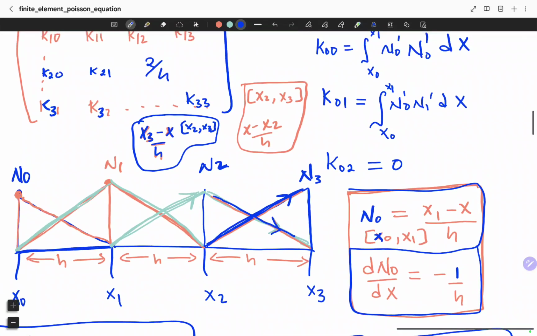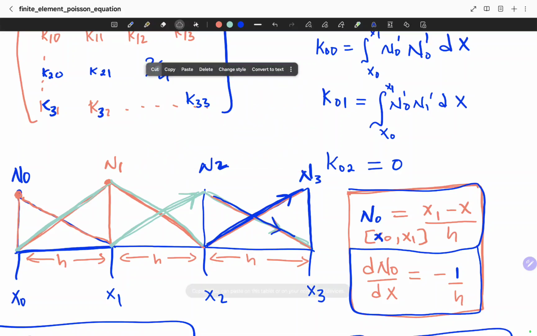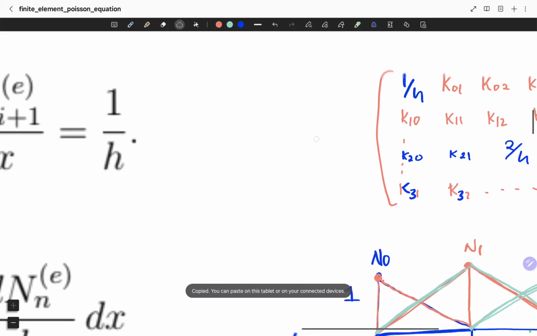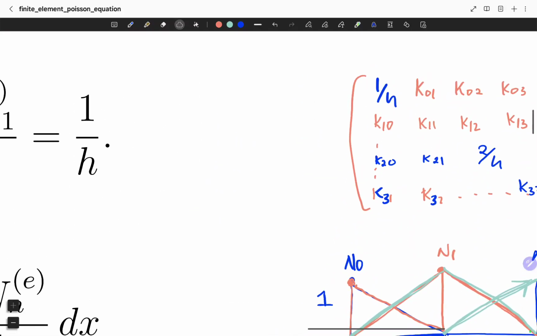Let me see if I can get these guys. Let's cut it. Let's go somewhere here, just for you to see. Space it here.